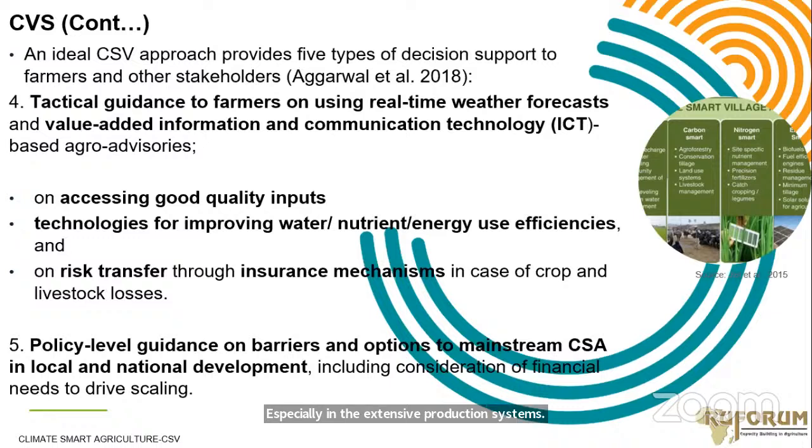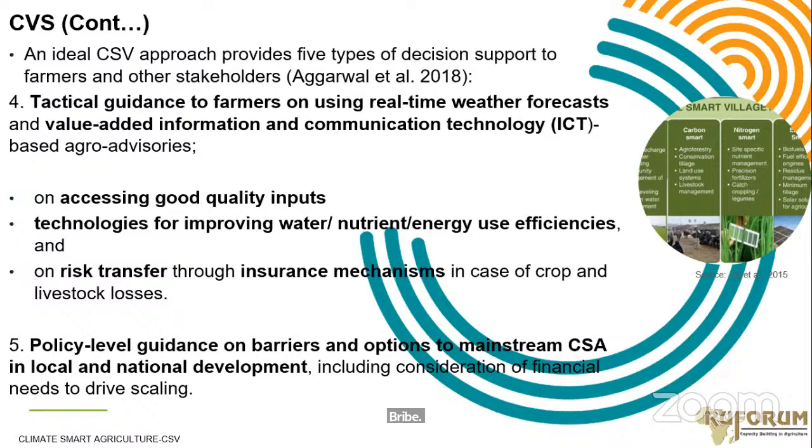So another benefit is the policy level guidance on barriers and options to mainstream CSA in local and national development, including consideration of financial needs to drive scaling.